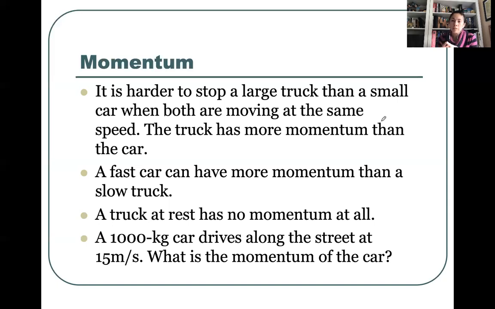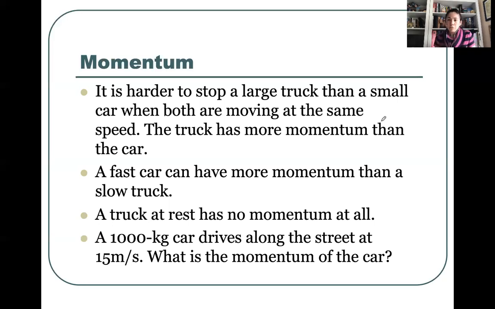Something to see from the definition is that if you have something that is not moving at all, it doesn't matter if it's the car, the truck, the elephant, or the fly, if they're not moving, their momentum is going to be zero, because their velocity is going to be zero. So they're not going to have any momentum at all.